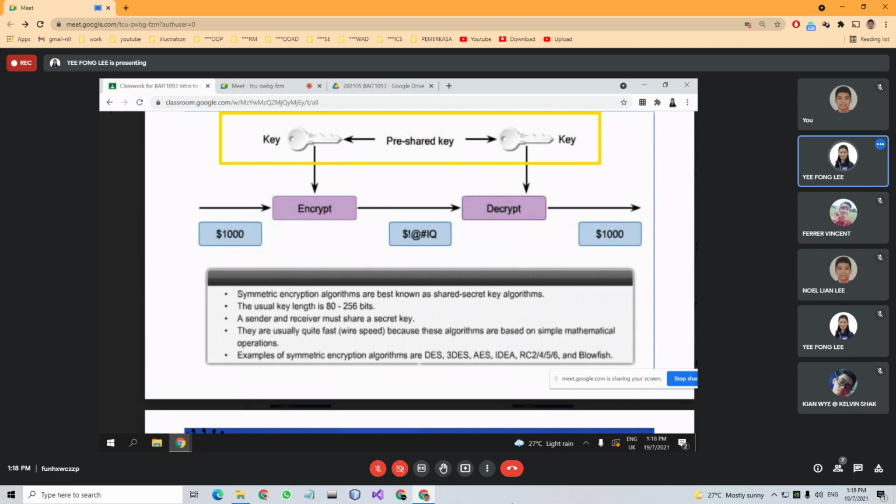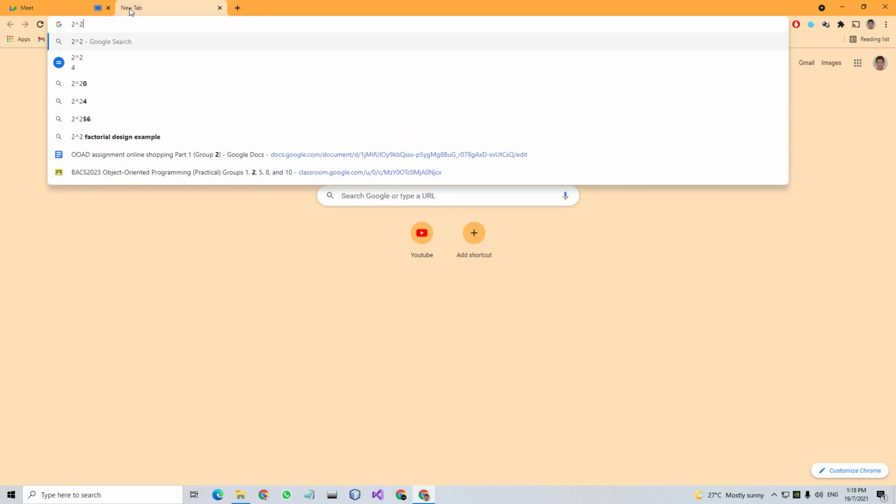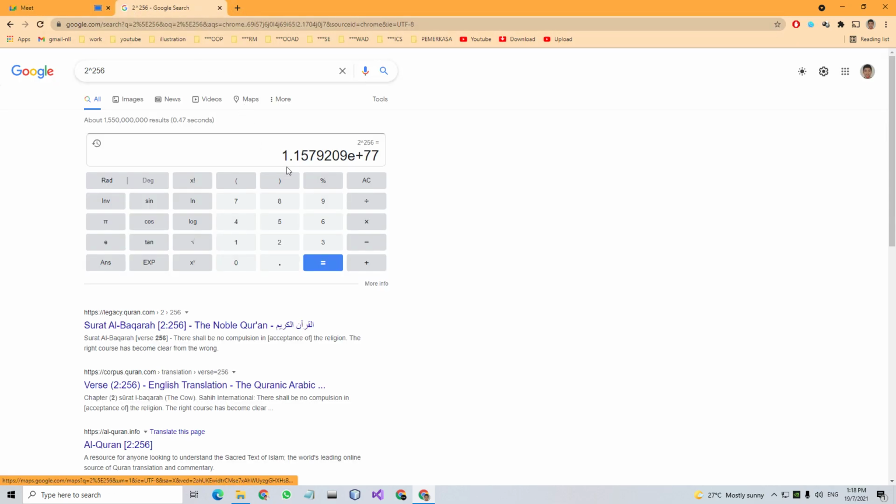Then how about 256 bits? What do you think? Roughly about how many values are available? 2 to the power of 256. You can use your calculator. There's a huge number of possible values when the key length is a maximum of 256 here.